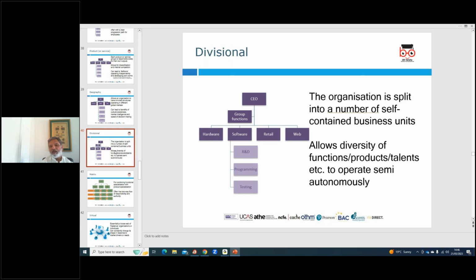So you have an IT company, for example, based in a particular region. Okay, you divide that company into, for example, functions like hardware and software divisions, and retail divisions, and web divisions.